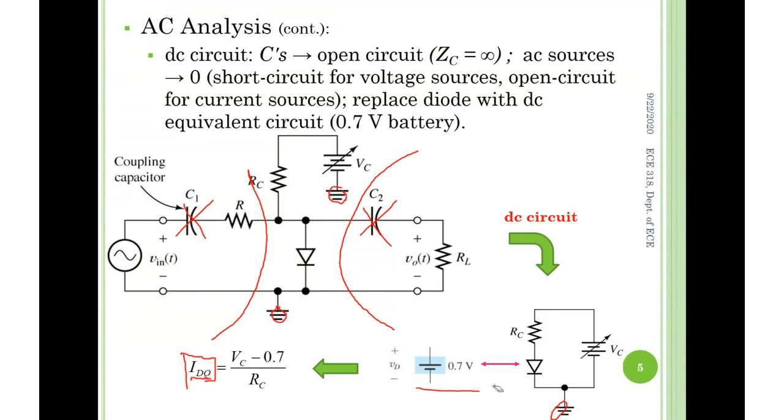You have the complete DC circuit, from which you find the current of the diode as one of the unknowns. No matter what the problem is asking for, the current through the diode must be found for later AC analysis. Any questions for DC? If this makes sense, then we can move on.